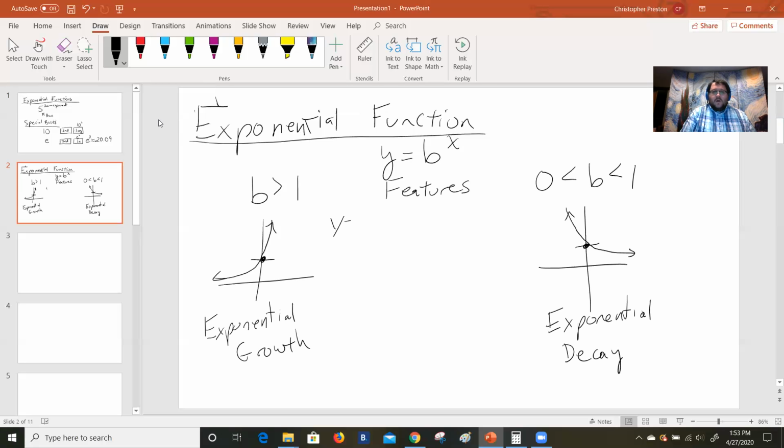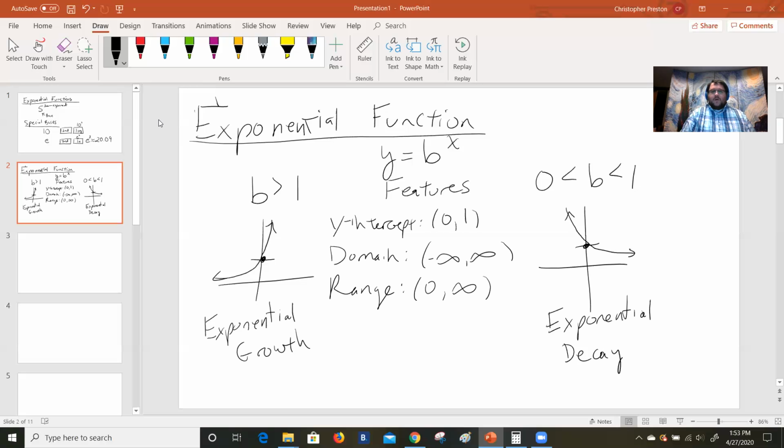So they both have a y-intercept at the same location, (0, 1). If we look at their domain, these go left and right forever, all the way from negative infinity to positive infinity. The range, the y values, are bigger than 0, so 0 and up.